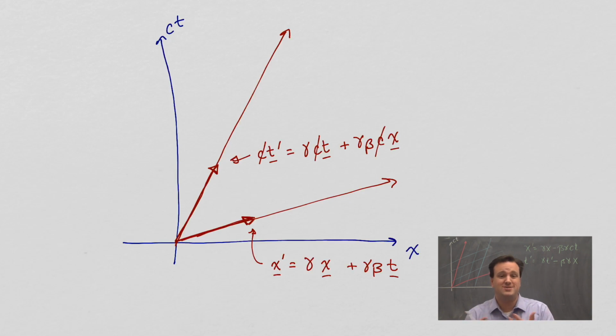It's just a convention thing to make them look a little bit similar to each other, even though when I do it without the c in the first expression, I'm really doing these two expressions in two different units, right? So the c allows them both to be in meters, whereas if I eliminate the c, the time one is in seconds and the x one is in meters. But now I have a well-defined translation for t prime and x prime, which means that I can transform any vector that I want to. Once I know how the unit vectors transform, then I can take any vector and write how that vector is going to transform.